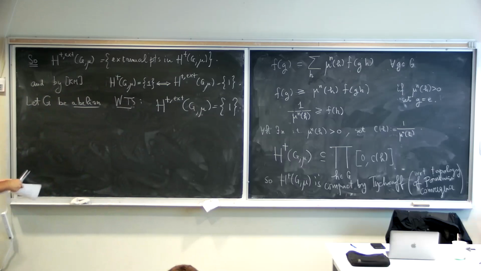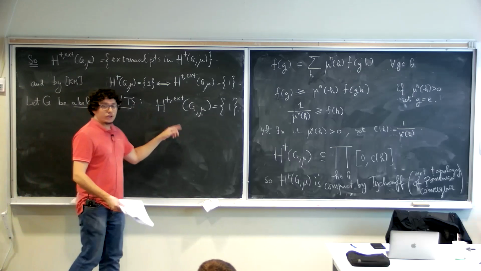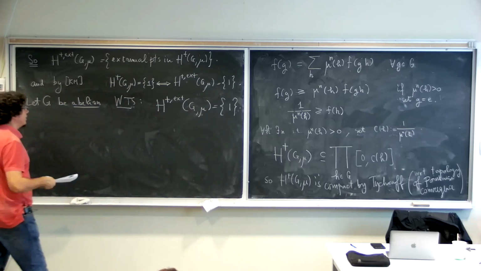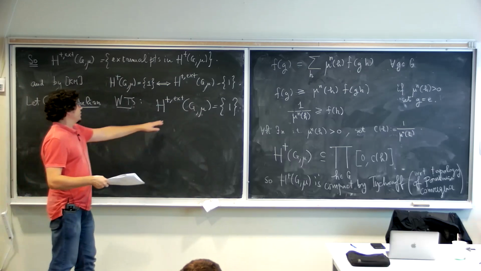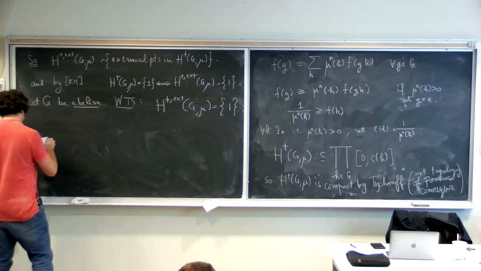And the trick is to construct other functions from one function, functions that contradict this extremality property, basically.